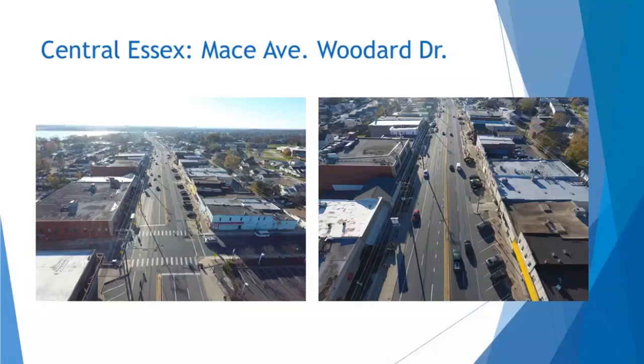So as we continue down Eastern Boulevard, we get to kind of the central area of Essex. We had these drone shots taken about a month ago now. And this gives kind of a better depiction of the travel way, the streetscape, with this being a state road, but there are definitely some unique features.